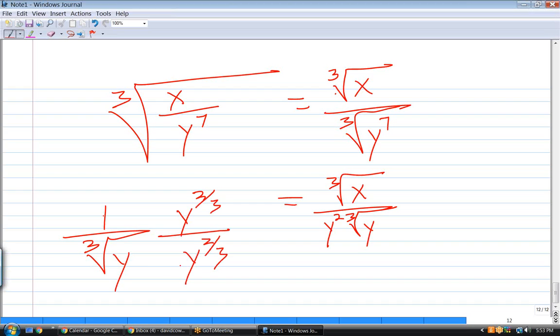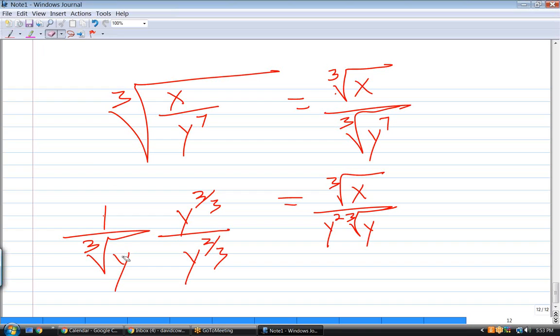In other words, our goal is to turn the bottom into y, not any radical sign. And you don't multiply it by y to the 1/3, because that would give you y to the 2/3 in the bottom. But as long as I multiply the bottom by y to the 2/3, I'm going to add the exponents, and I will have rationalized the exponents.